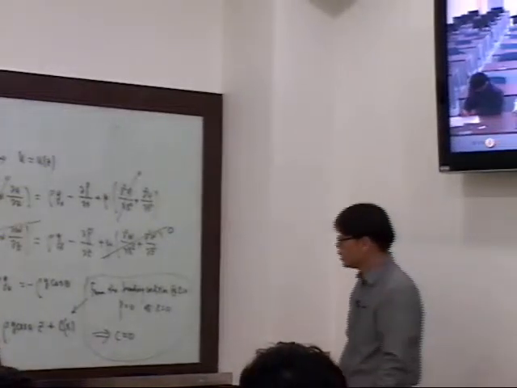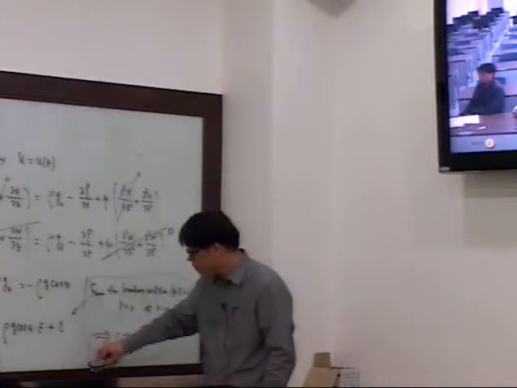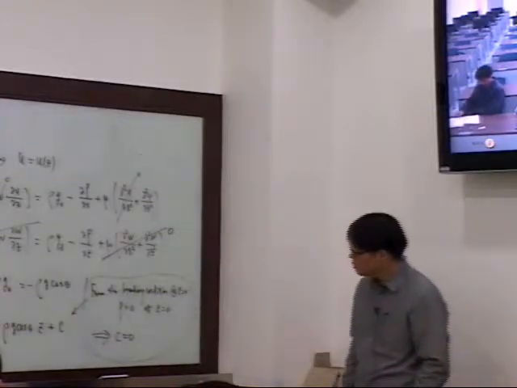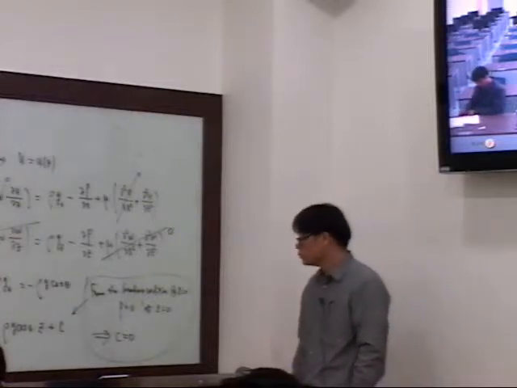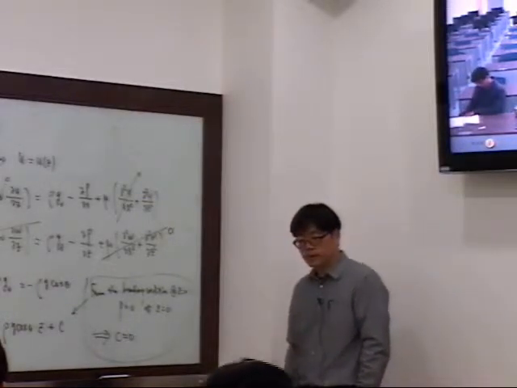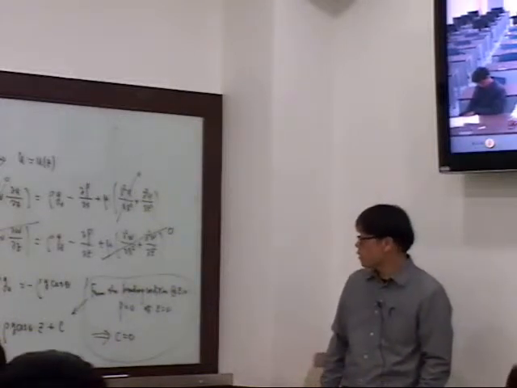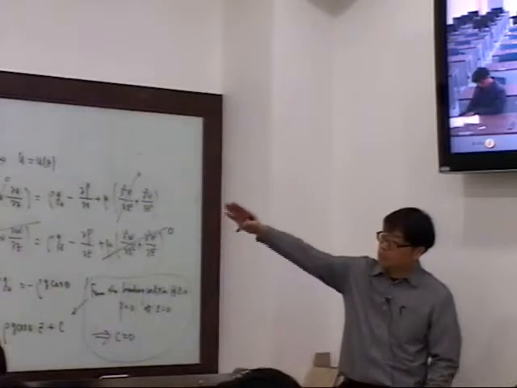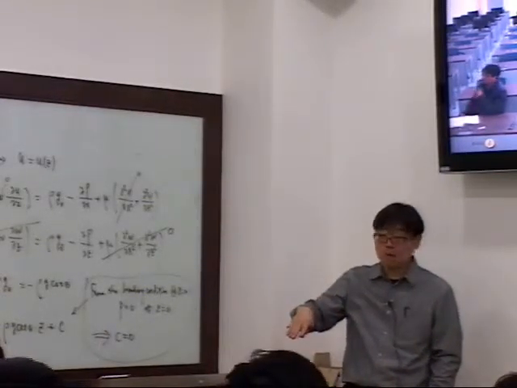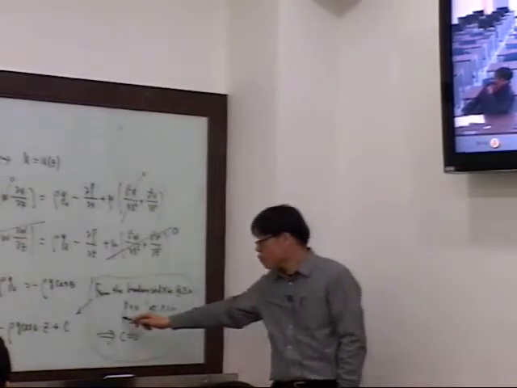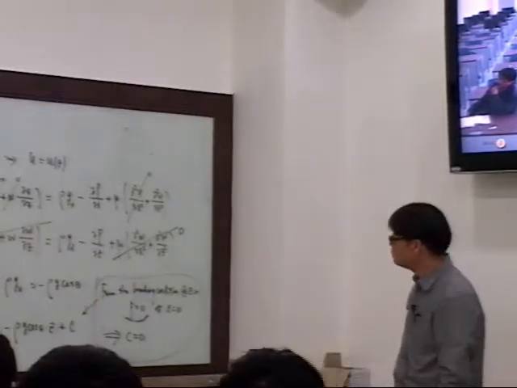So C, no matter what, has to be 0. So here, another assumption is the free surface is flat. That's what we assume. Okay. So that's why we can apply this boundary condition.